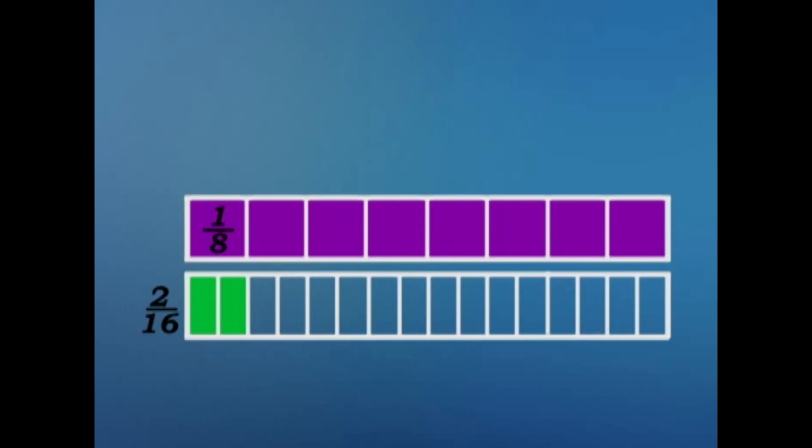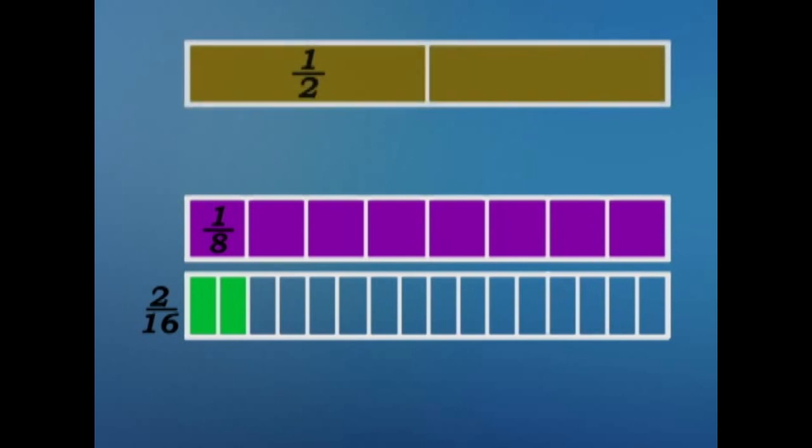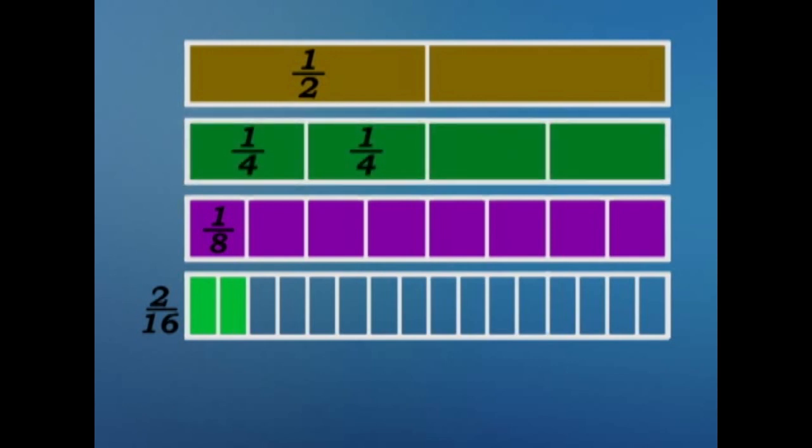Let's look at the block with the halves. Remember, 1/2 was the same as 2 quarters. But you can also say 1/2 is the same as 4/8. 1, 2, 3, 4. And you can also say 1/2 is the same as 8/16. 1, 2, 3, 4, 5, 6, 7, 8.